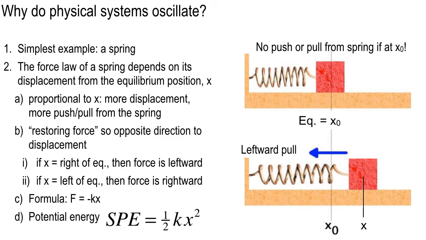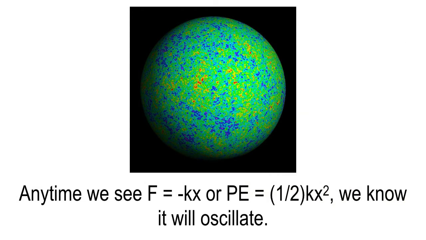All right. Now here's what I want you to remember. Anytime you see a force that's equal to minus kx or minus k times some coordinate, or you see a potential energy that's 1/2 times k or some constant times the square of a coordinate, then it's going to oscillate, guaranteed. Right?